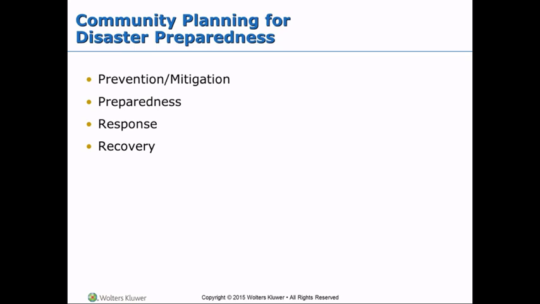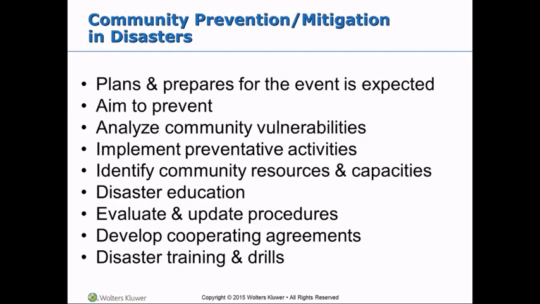There are 4 stages of disaster planning, and in your assignment this week, you should look for examples of these stages as you review the disaster plans. The 4 stages of disaster preparedness are prevention or mitigation, preparedness, response, and recovery. In the preparedness stage, the community plans and prepares for the event, as the event is expected, with an aim to prevent effects of the disaster.